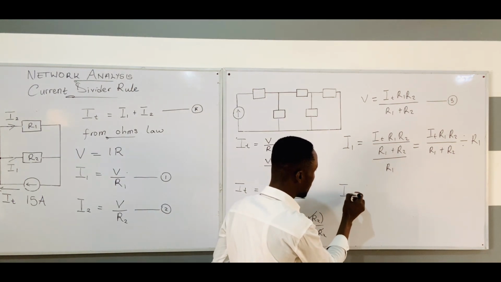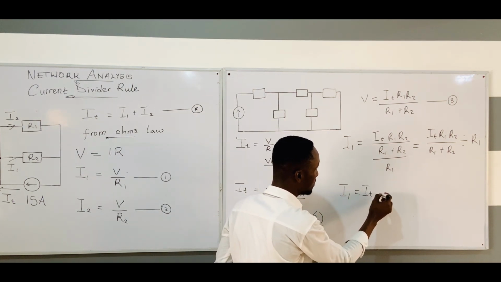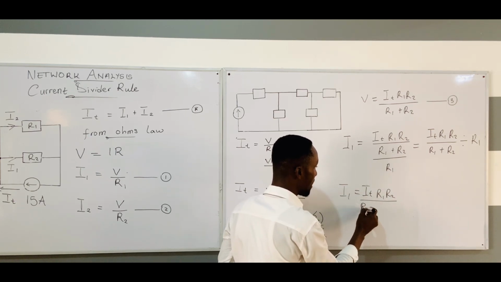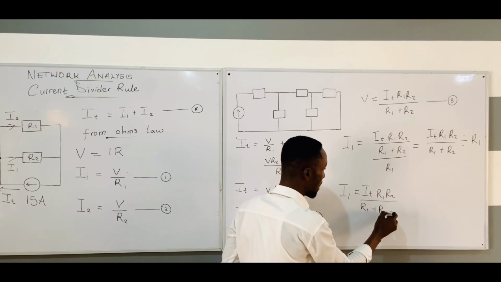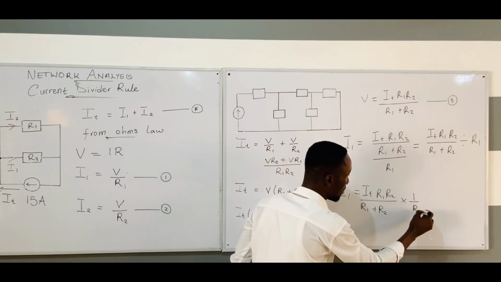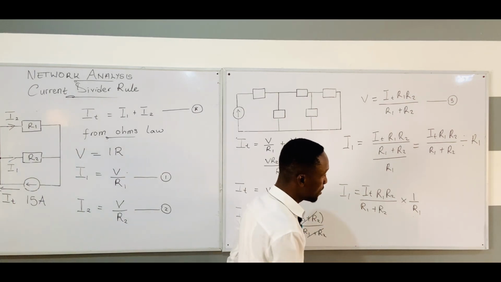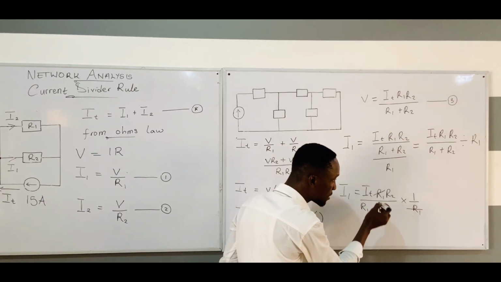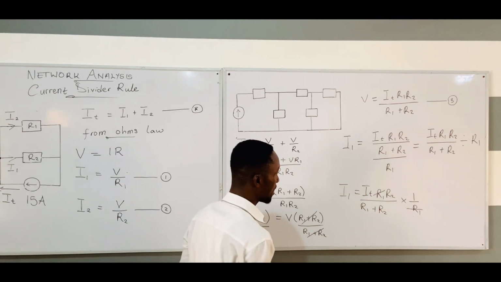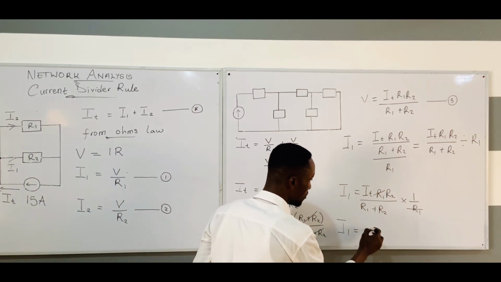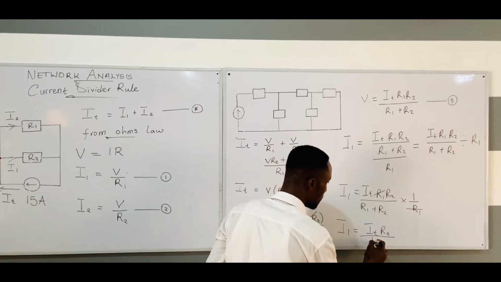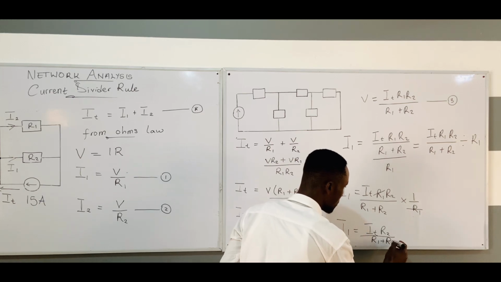So our I1 becomes IT R1 R2 divided by R1 plus R2 times 1 over R1. Do we all get it now? Now this will cancel this. So we are done. So now the equation becomes I1 equals IT times R2 all divided by R1 plus R2.